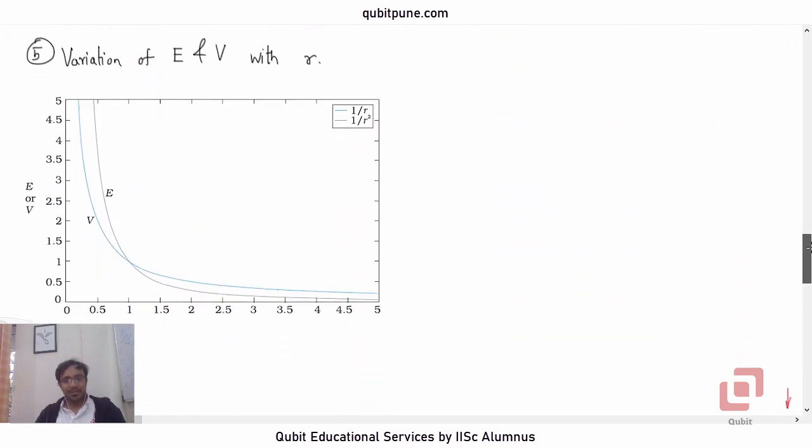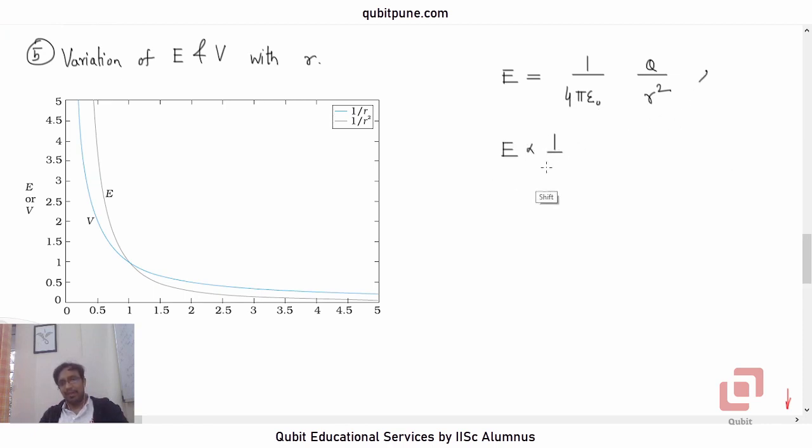Fifth point I just want to add here. Yesterday we talked about electric field due to a point charge, and the expression was 1 upon 4 pi epsilon naught q divided by r square in magnitude. Let me remind you that this is due to point charge. Now what expression did we see for potential? 1 upon 4 pi epsilon naught q divided by r, right?